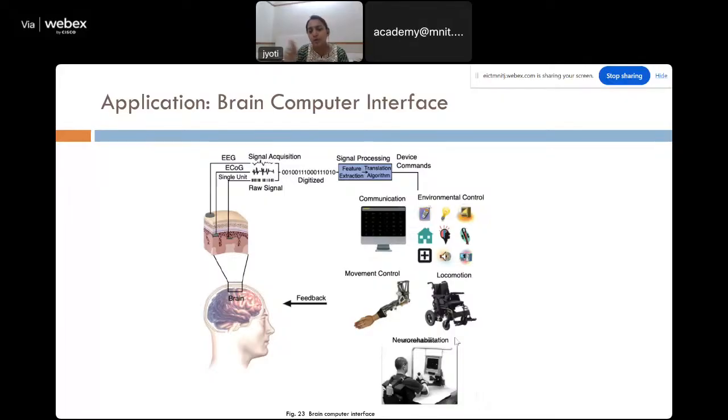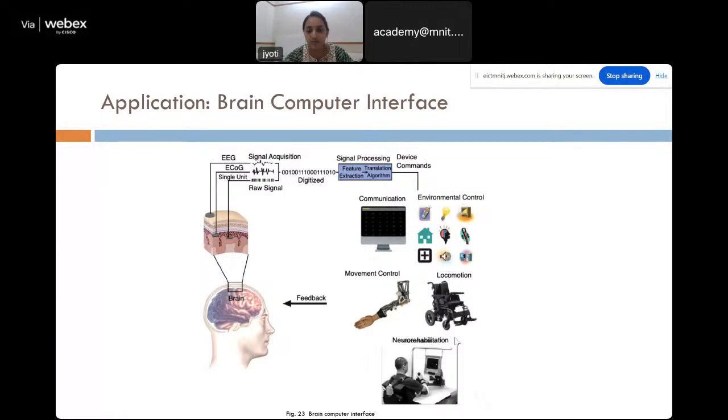If we can identify or characterize that particular task from the brain signal, that state can be translated directly into commands, and we can move the wheelchair accordingly. So this can be one of the applications.